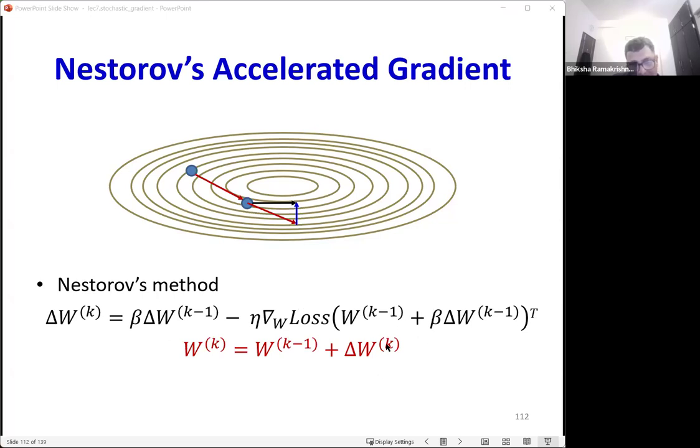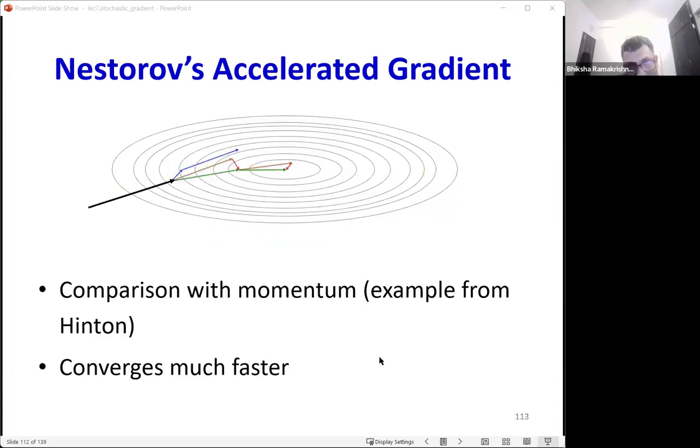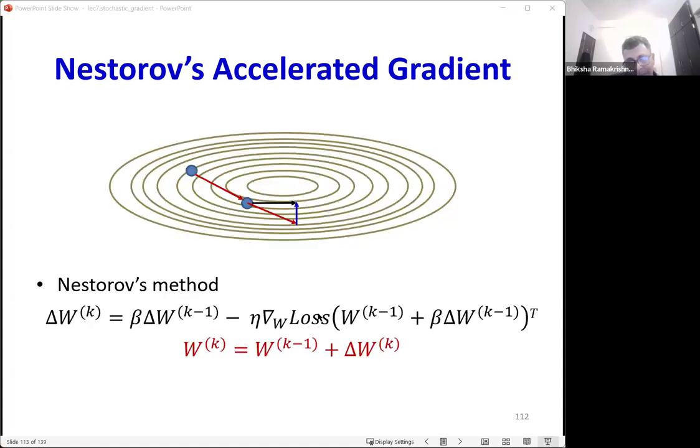So this is the new correction, and that is what you correct your parameters with. So why does the order matter? Again, this guy, you're adding the correction because over here you have minus eta. So going against the gradient is already factored in over here, okay?